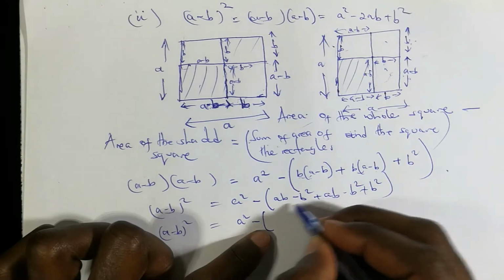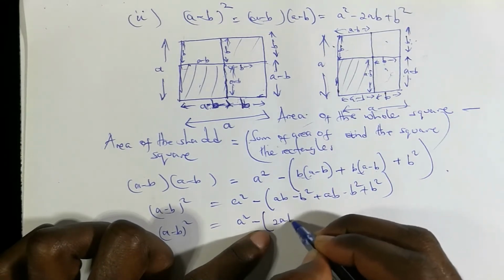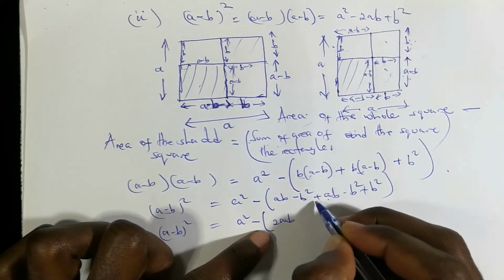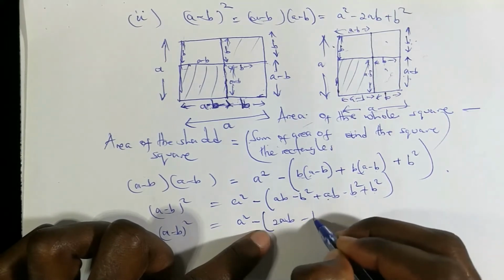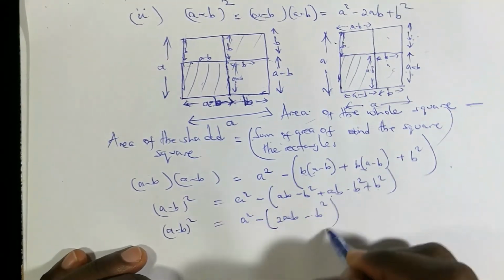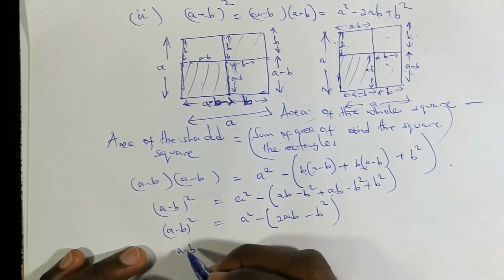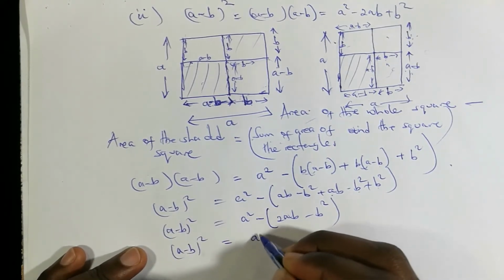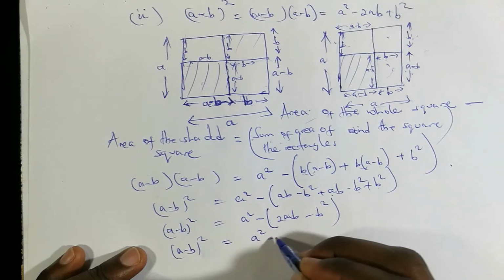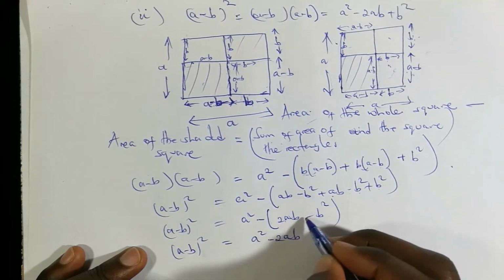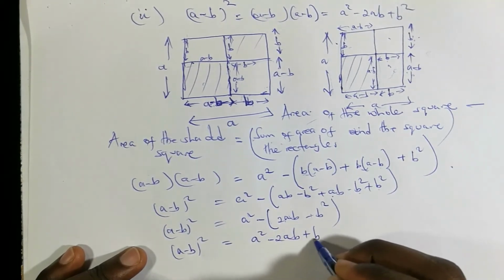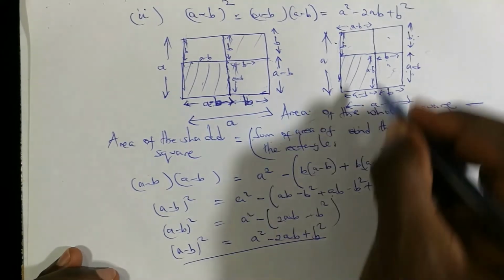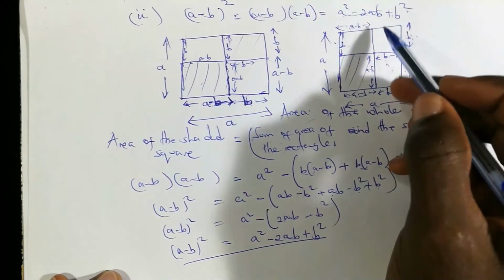We first cancel what will cancel out. We have here 2ab combining with that, then this one also goes away, minus b squared. And here we have a minus b squared giving us a squared. If you open the bracket, this will be a squared minus 2ab plus b squared. That's how we come up with this.